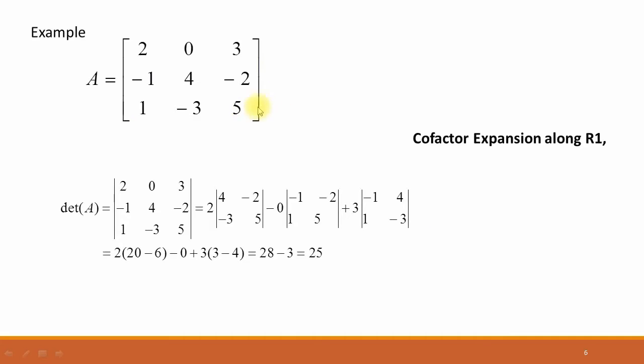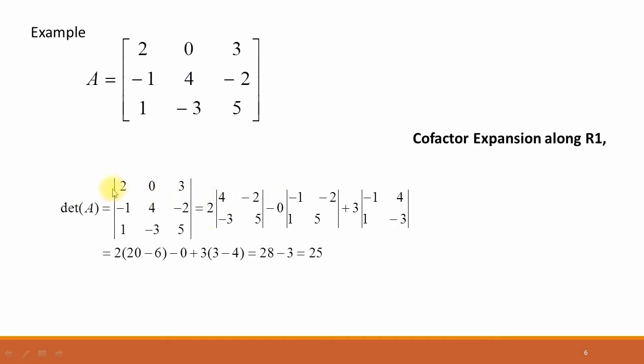Now let's move on to an example. Suppose this is a 3 by 3 matrix A. To find the inverse of this matrix, first of all find the determinant of this matrix. By using cofactor expansion along R1, the determinant of this matrix will be as follows.